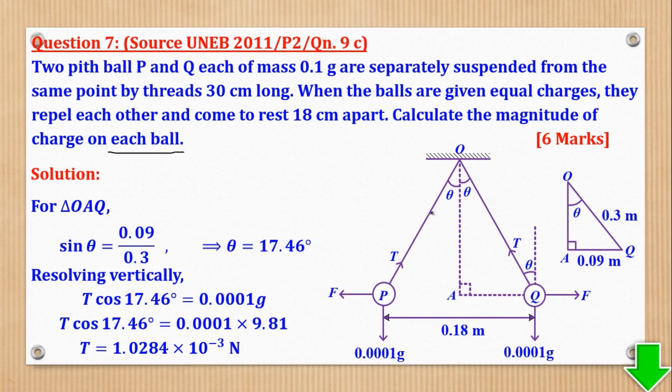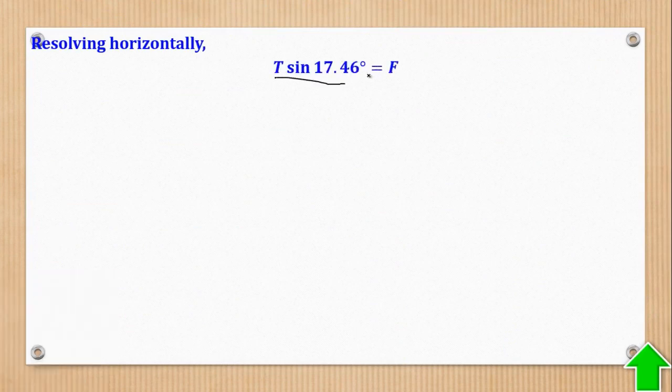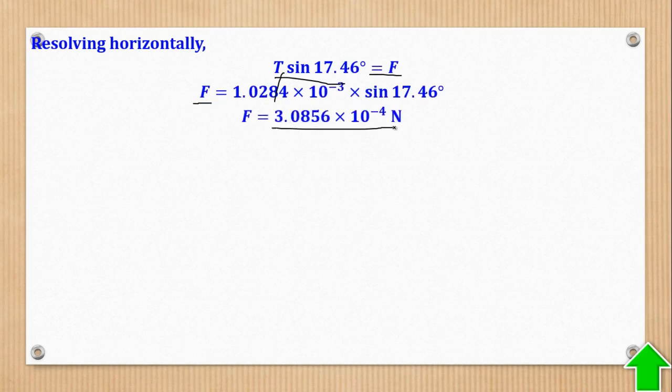Next is to now resolve horizontally. So horizontally there will be this force, which will be equal to T sine theta. So resolving horizontally, we shall have this equal to this. Therefore, we already know the T, so I can get the value of F as this.